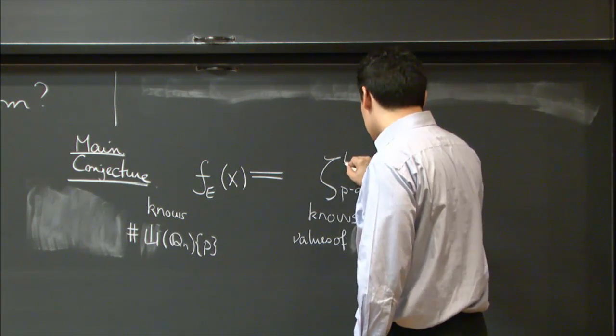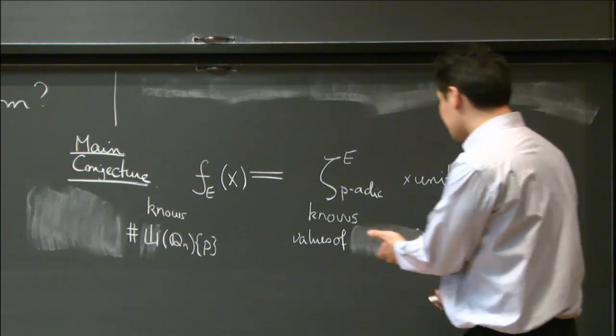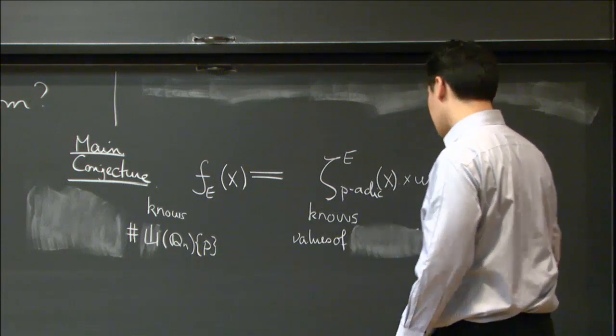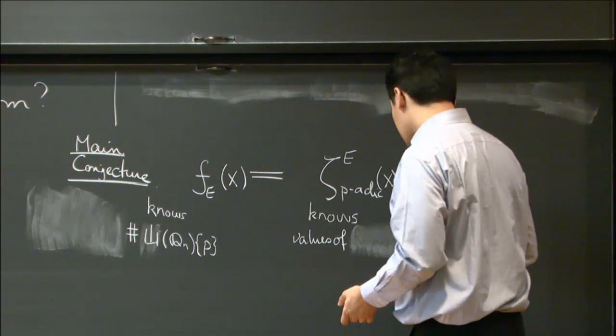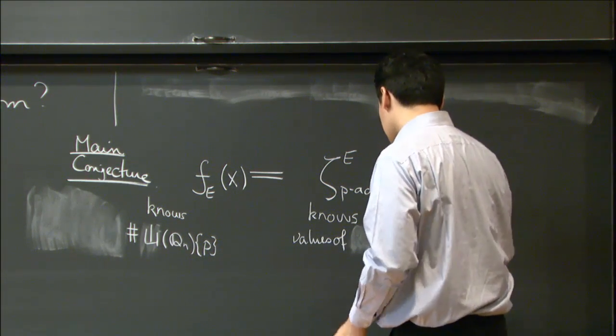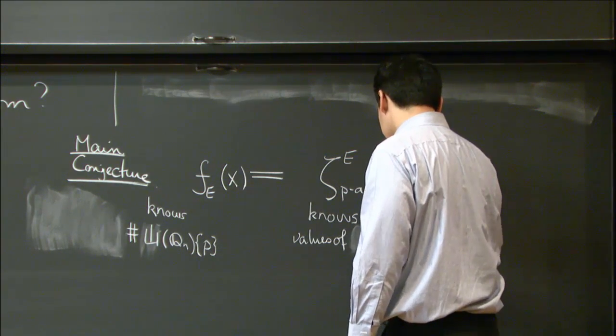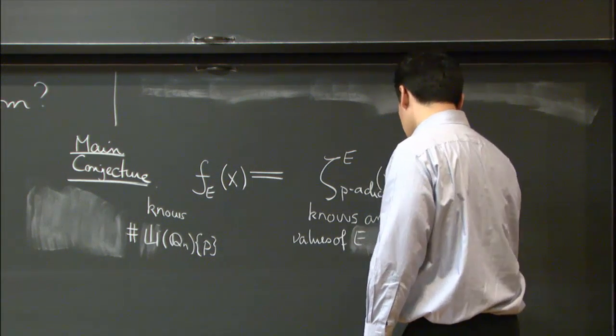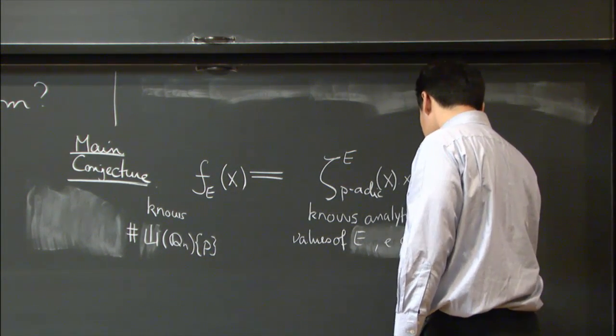We call it zeta_E sub p-adic, because it's a p-adic function, which knows analytic values of the elliptic curve.